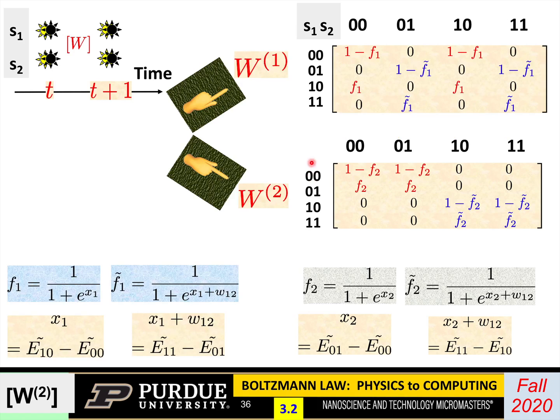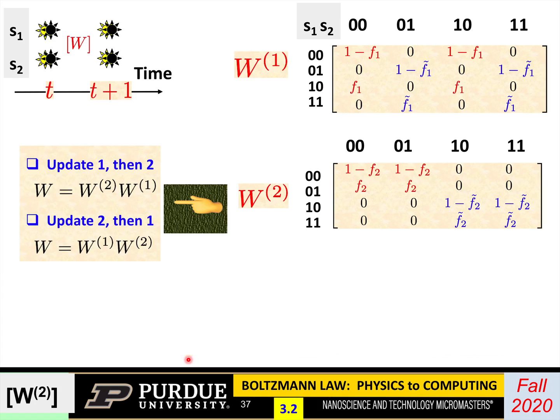And so collecting all the results, this is what we have. We have these 2 W matrices, one for updating 1, one for updating 2, and they depend on these various Fermi functions that appear, each one corresponding to a different energy difference. Now, we have 2 choices when doing this kind of sampling. We could first update 1 and then 2, or we could update 2 and then 1.